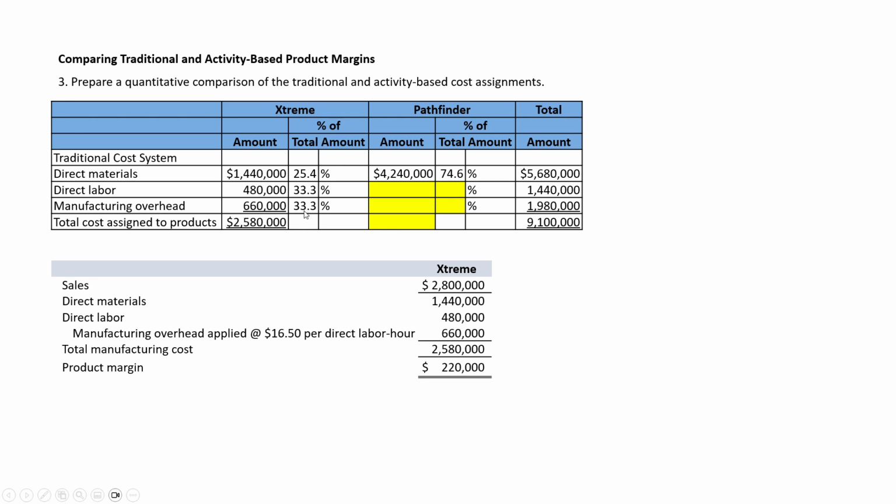You will note that the manufacturing overhead percentage and direct labor are the same, 33.3% or a third. That isn't a coincidence. If you remember, under the traditional costing system, we were assigning manufacturing overhead based upon direct labor hours, so they're going to have the same percentage overall. Hopefully that at least gives you a start of how to fill out our quantitative comparison.